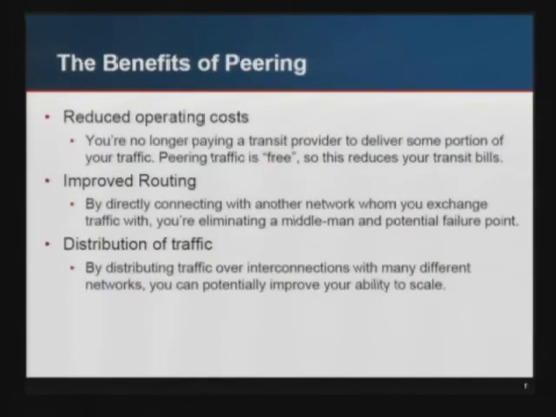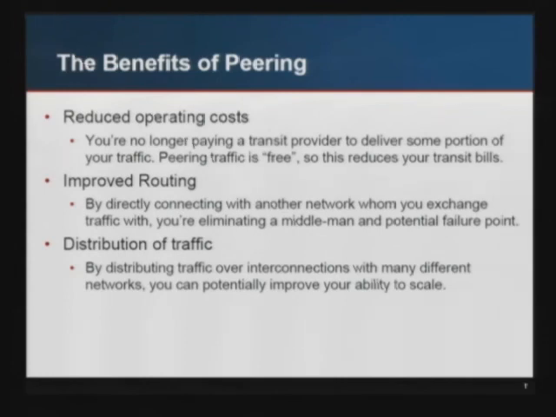So there's obviously a bunch of benefits to peering. The big one is reduced operating costs. You're no longer paying a transit provider. And since peering traffic is free, in theory at any rate, this is going to reduce your transit bill. There's some potential for improved routing. You're no longer being forced to send traffic from B to A to C. You have a direct interconnection.